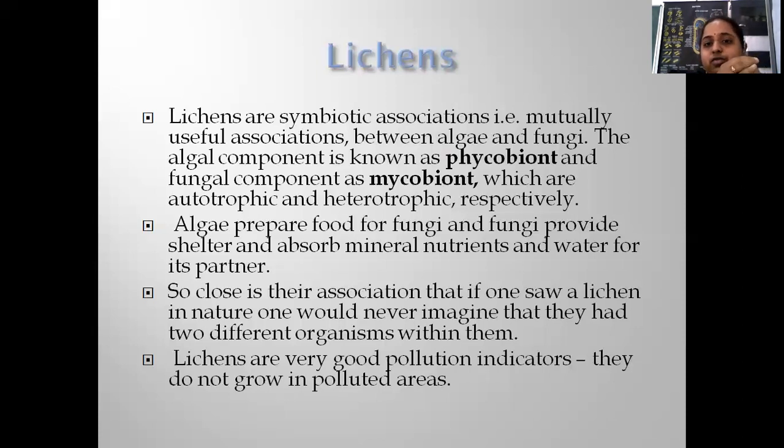For the preparation of food, it needs material. That material is given by the fungi, and fungi also gives shelter to the algae. So algae gets the shelter and fungi gets the food. In this way, they exchange their benefits with each other.